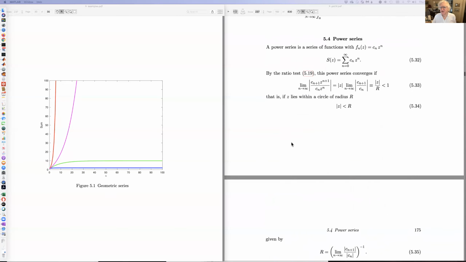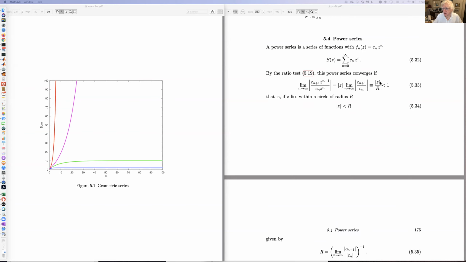Okay, now power series. As I said, a power series is a geometric series, but with arbitrary coefficients. So it's no longer geometric, actually. If you apply the ratio test, then you see the n plus first term divided by the nth term is absolute value of z times the ratio of the C's. And this will have some limit.